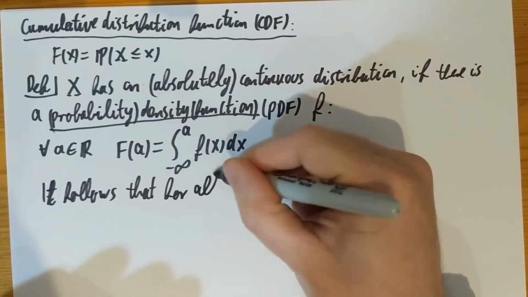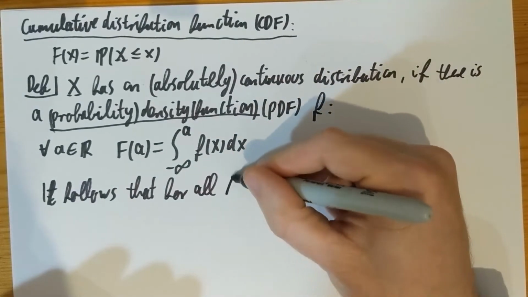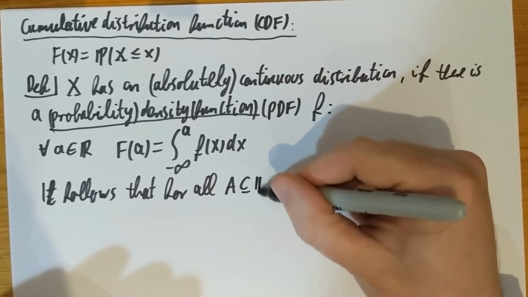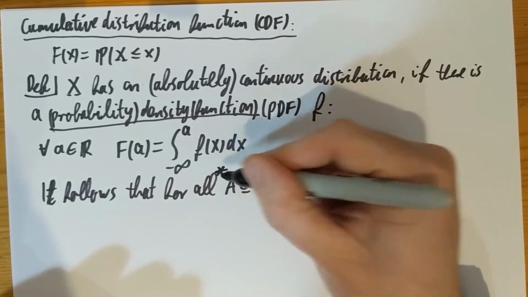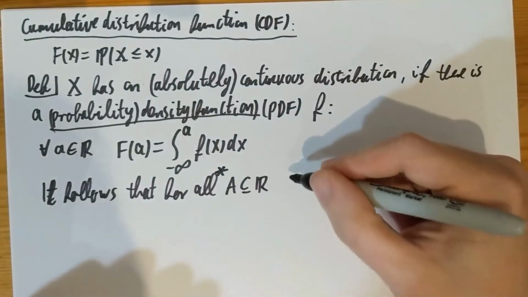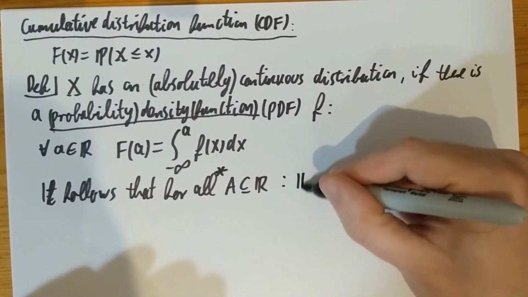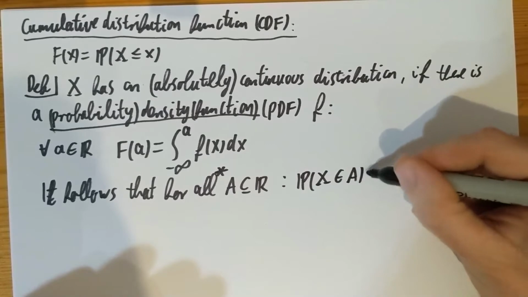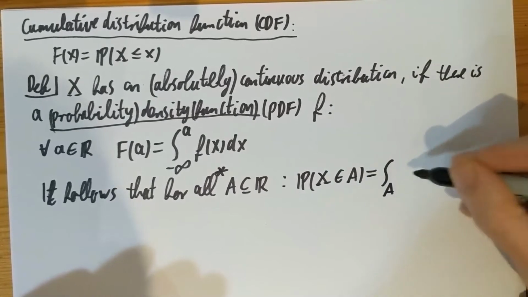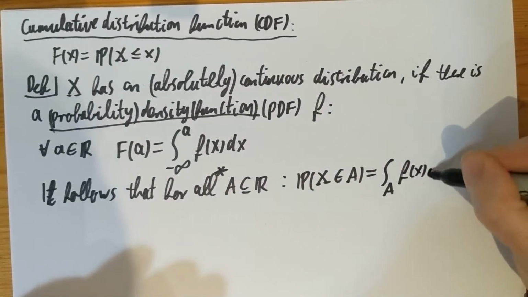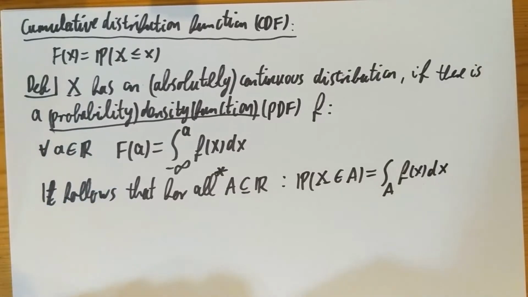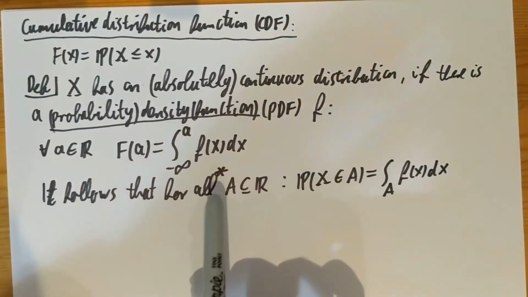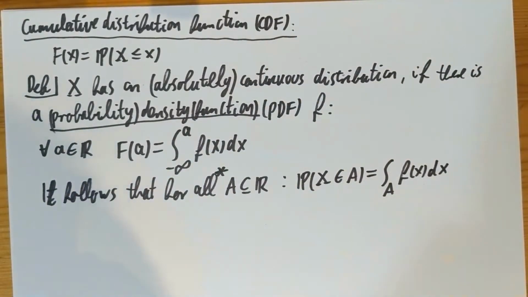for all subsets A of R, and here I'm gonna put a little remark, a little star, we have that the probability that X is in A is the integral over A of the density. Now the remark is that it's actually not going to be all sets, it's only going to be those sets which are measurable with respect to the Borel sigma algebra.